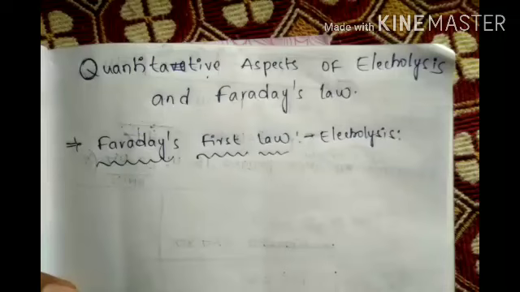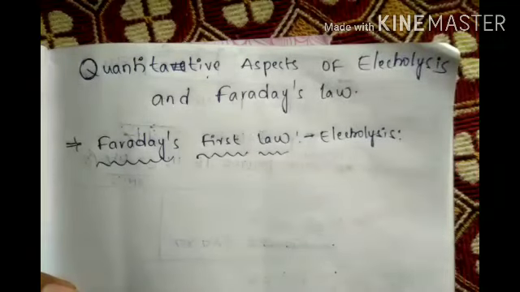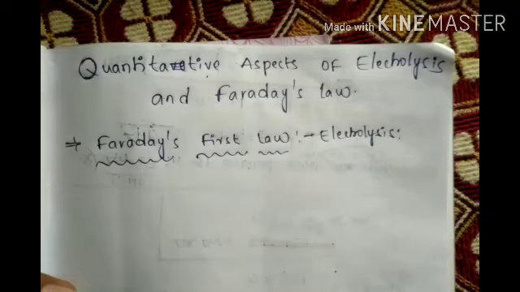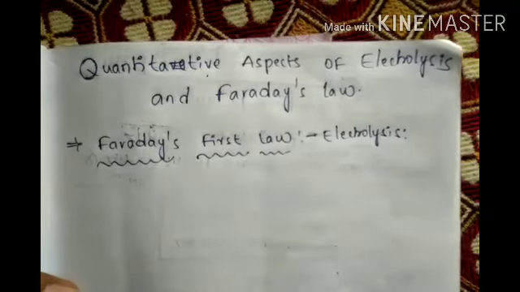So while electricity passes, the substance is deposited or liberated, either adding or producing. That is directly proportional. It means the more electricity is transferred, the more electrode is dissolved or liberated. It is directly proportional, not the opposite.